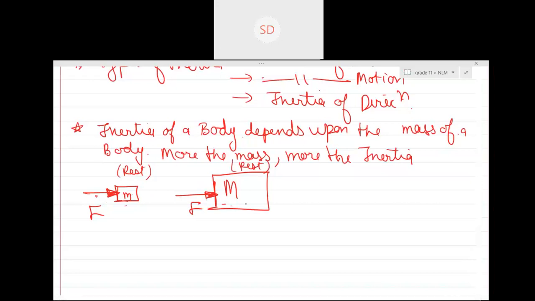Which will be easier to push? The lighter body will be easy to push because it will readily leave its state of rest, right? Because it has lesser inertia. Is this clear?